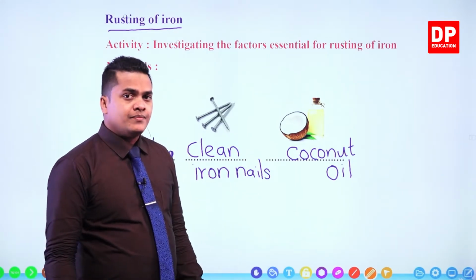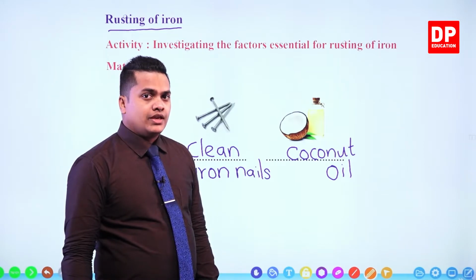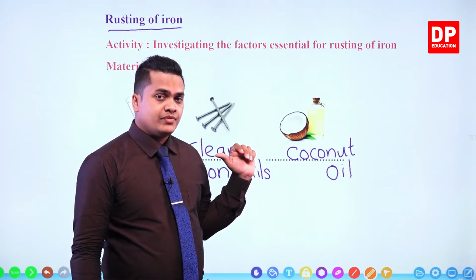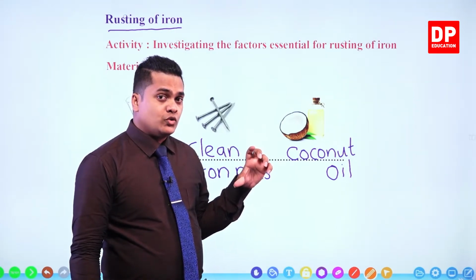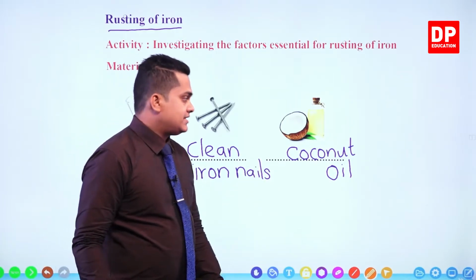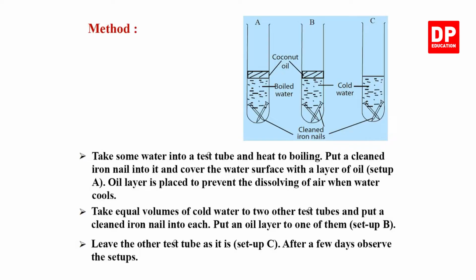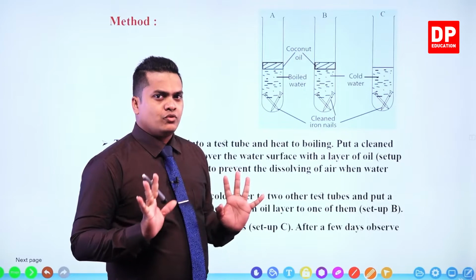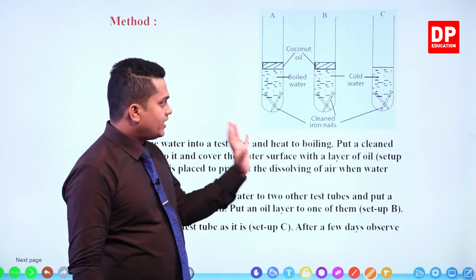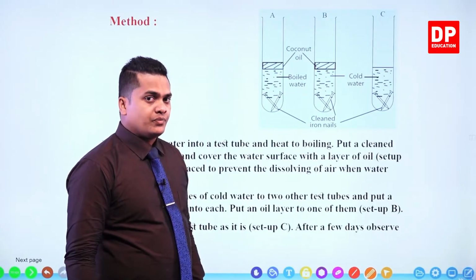Now we have to insert these iron nails into the system. It's wise to use a cork stopper as well. Actually, the cork will be needed in our next experiment. Up to now, you won't need a cork. So we'll see how to conduct the experiment right now.